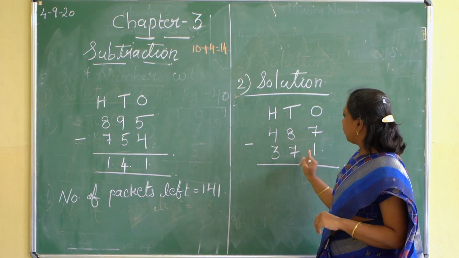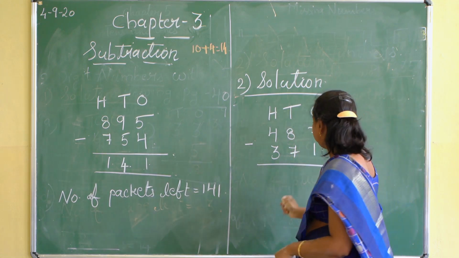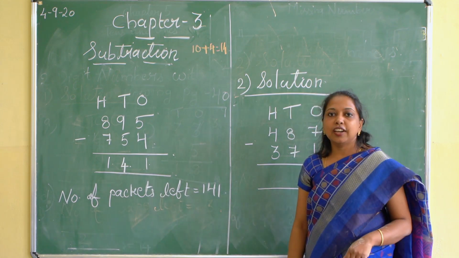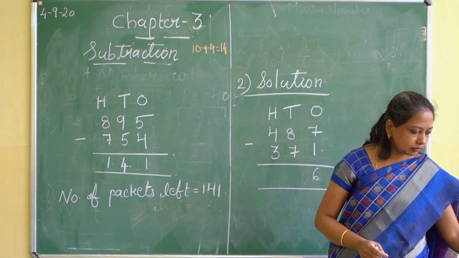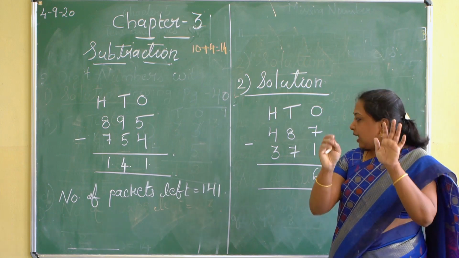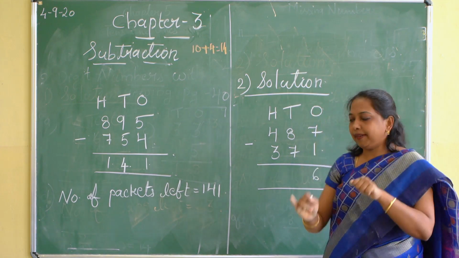What you got? 6. Now we will go to tens place. 8 minus 7. What you got? 1.